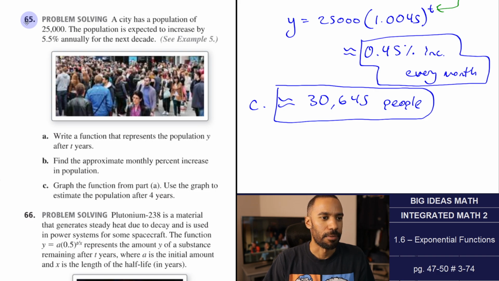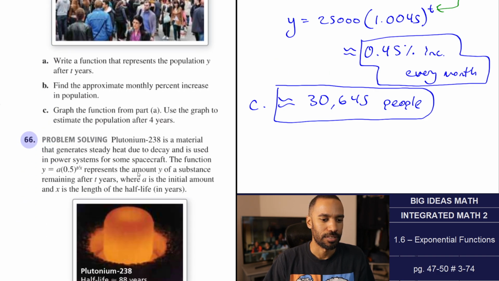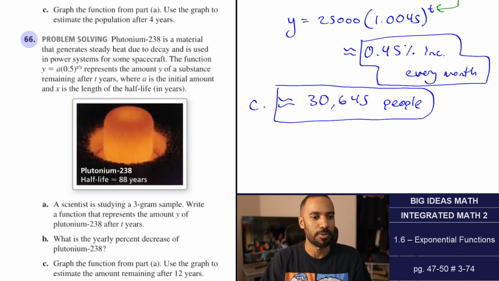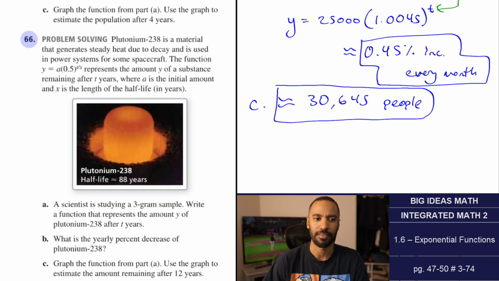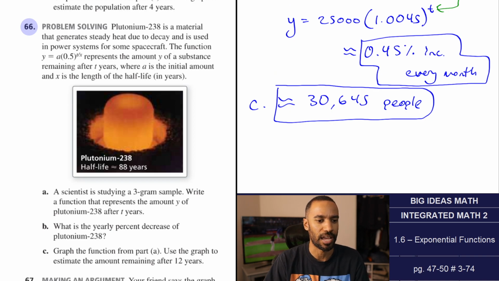All right, number 66. Plutonium-238 is a material that generates steady heat due to decay and is used in power systems for some spacecraft. The function y equals a times 0.5 to the t over x represents the amount y of a substance remaining after t years, where a is the initial amount and x is the length of the half-life in years. So I mentioned half-life before.